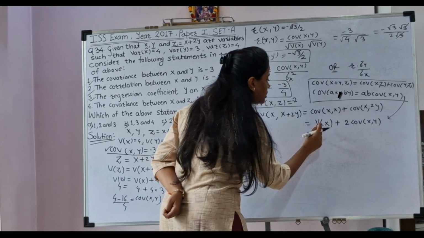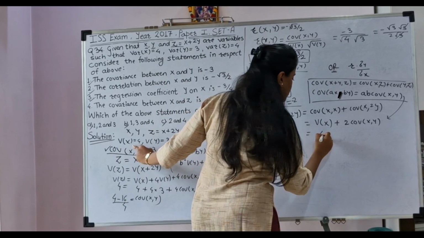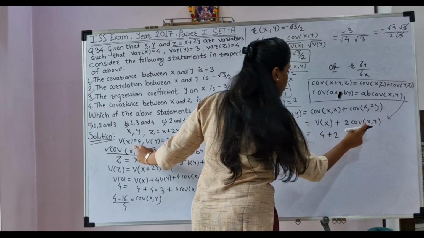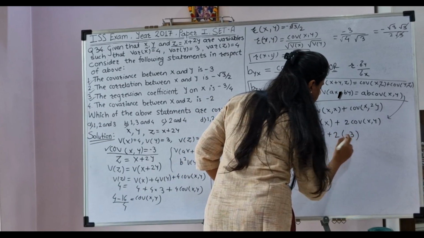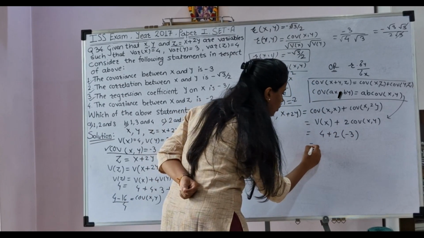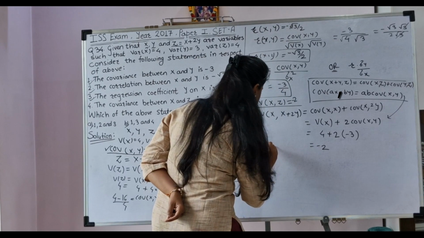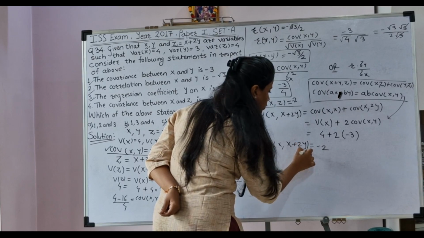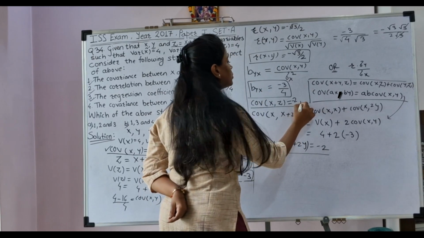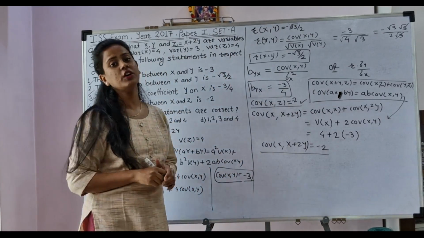Okay. Now let's put the values. Variance of x is 4 plus 2 times covariance of xy, which is minus 3. So it is minus 6 plus 4, so minus 2. We are getting covariance of x, x plus 2y equals minus 2. So the fourth statement is also correct.